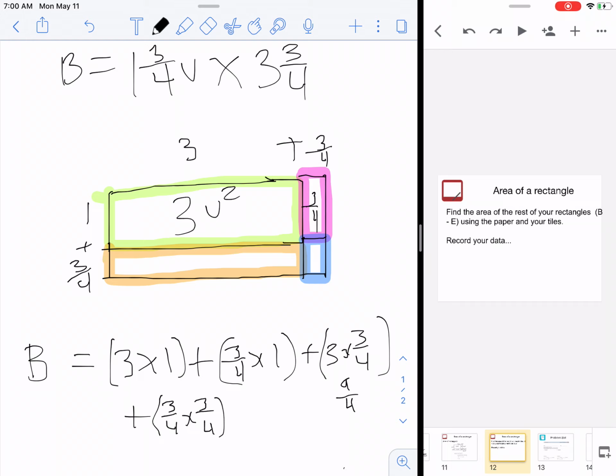This one's 9/4. And that little blue square is 9/16. Nine sixteenths.